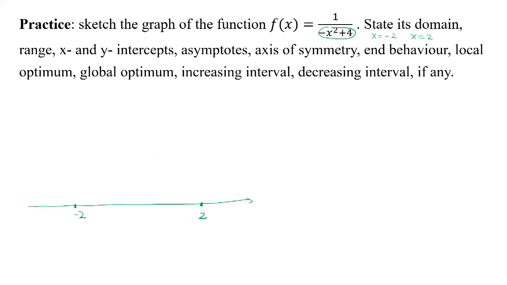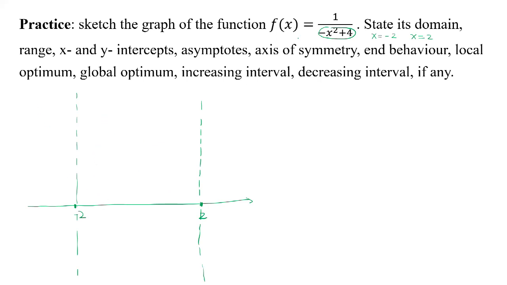Because it's in the position of a denominator, x cannot be any of the zeros, so we have 2 vertical asymptotes here.